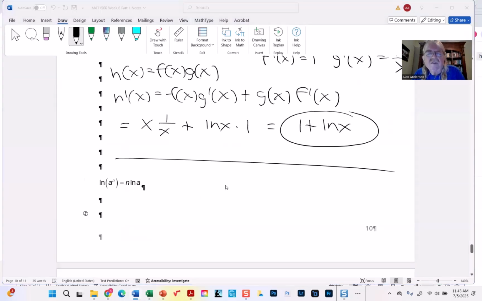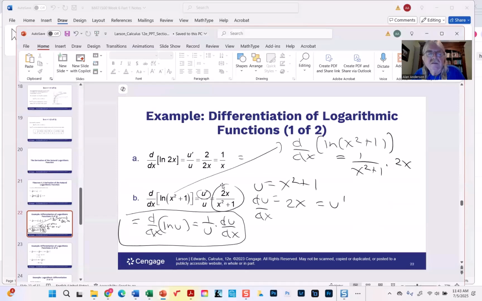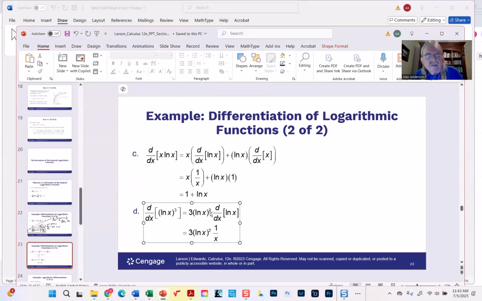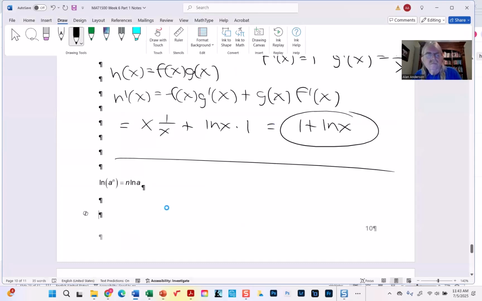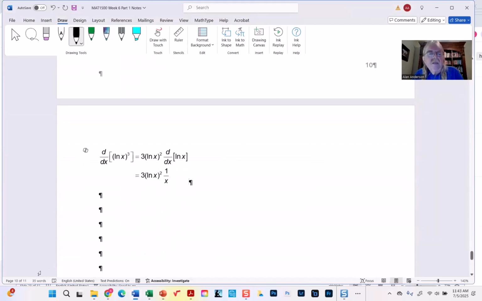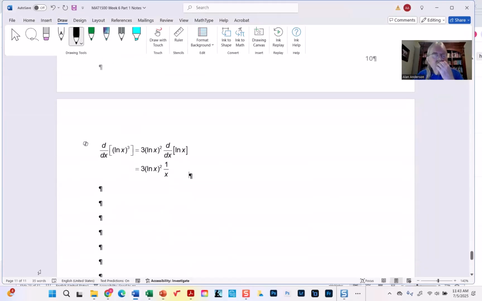So in order to calculate the derivative of log x cubed, it's the equivalent of saying, let's try, what you actually have here is equivalent of u cubed.